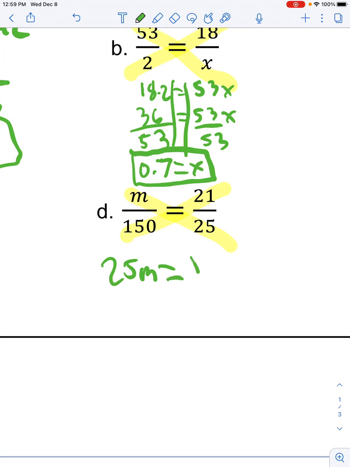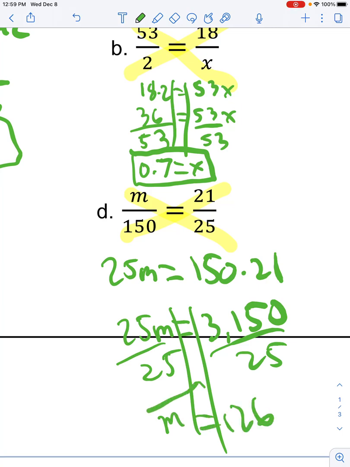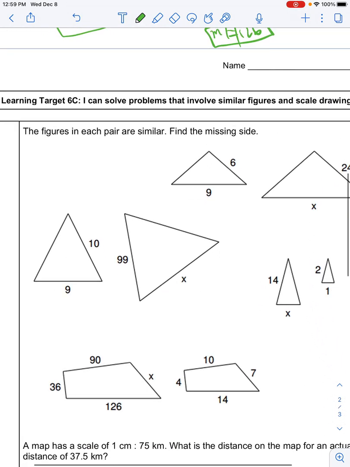Last one of these types of problems, 25m equals 150 times 21. 25m equals 3,150. Divide by 25 on both sides, and you're going to get an answer of 126.